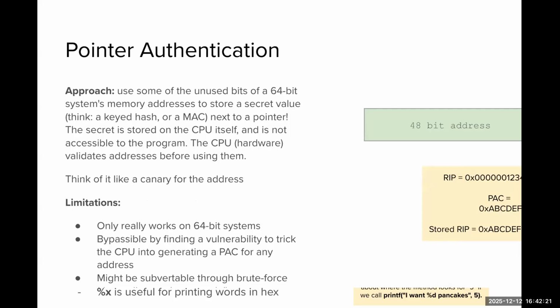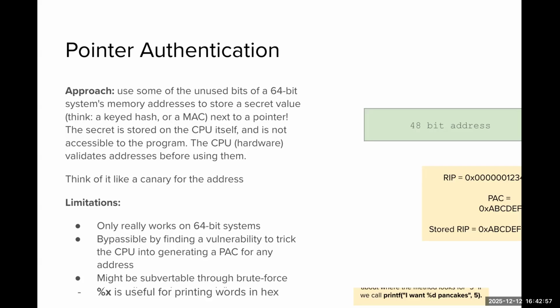Okay. And lastly, pointer authentication is when you're working on 64-bit system hardware, you have a lot more bits for every single pointer. So 48 bits is sort of enough to get you to any location in memory. You still just have bits that are left over that you don't really need for pointers. And what we can do is have a hash or a MAC of that first 48 bits to verify that the pointer has not been changed.